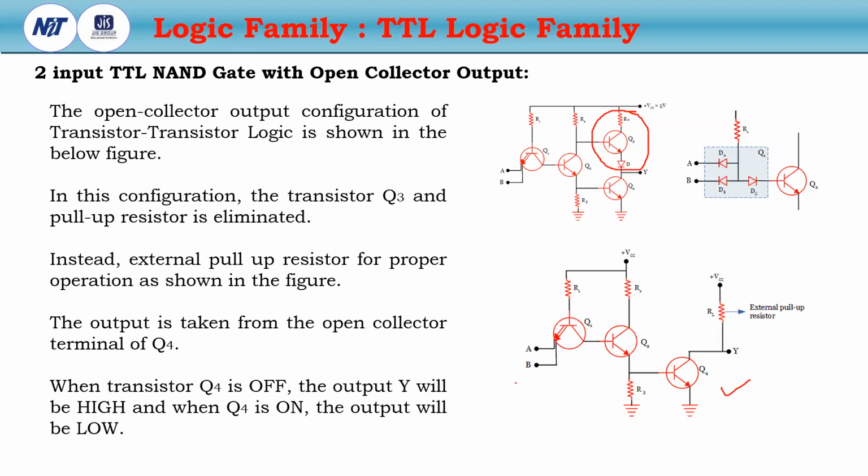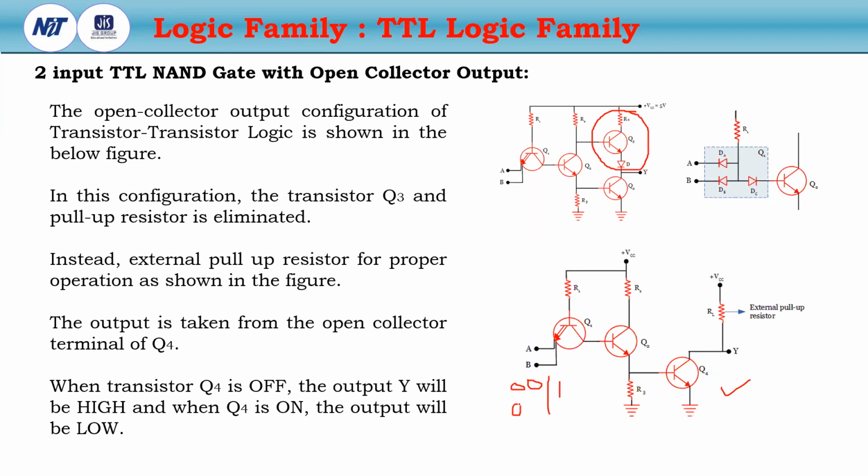So now if the input is 0, 0, then what happens? The current will flow through this. So Q2 will be off. If Q2 is off, then Q4 will be off. So we will get logic 1.